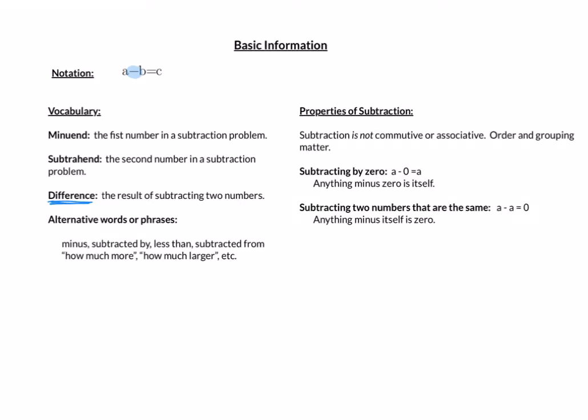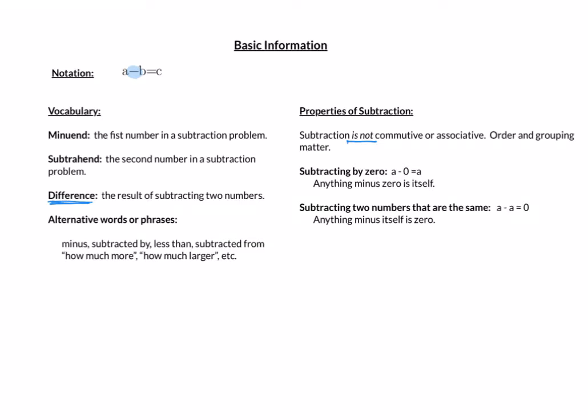Properties of subtraction. One thing to note is subtraction is not commutative or associative. Order and grouping matter. So we have to keep that in mind. Some properties that we do have: subtracting by 0, anything minus 0 is itself.